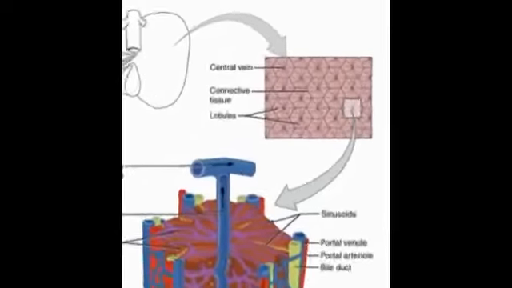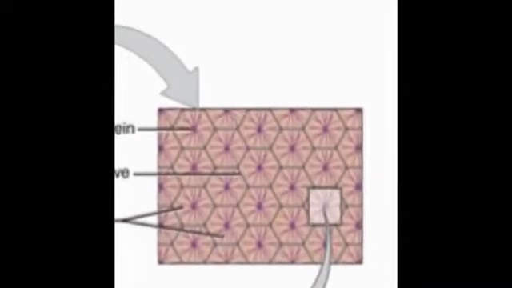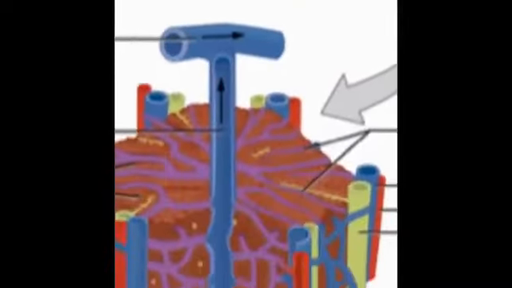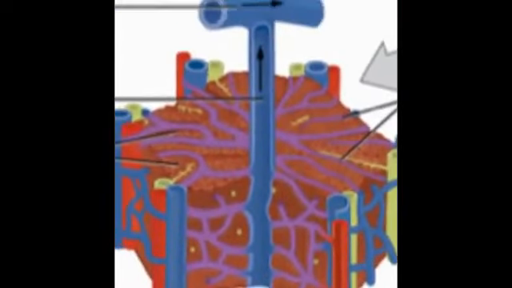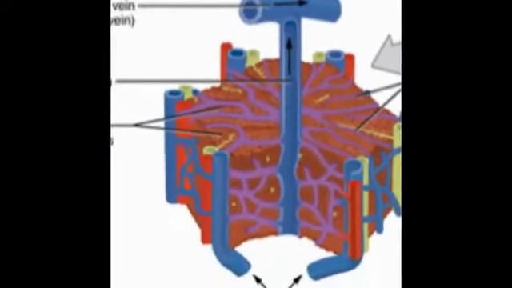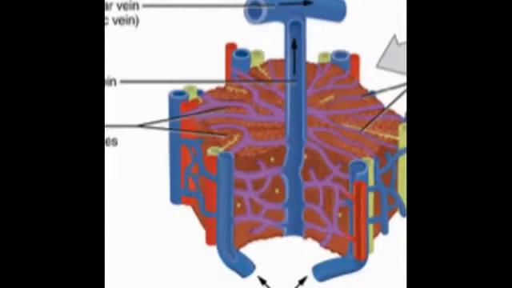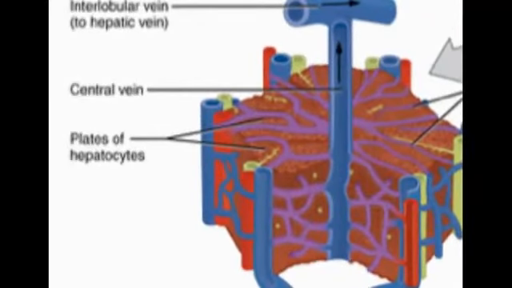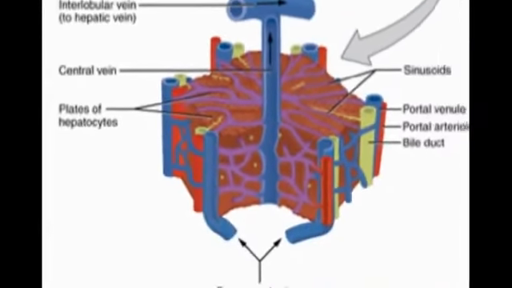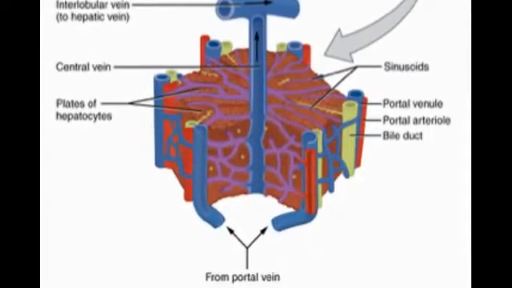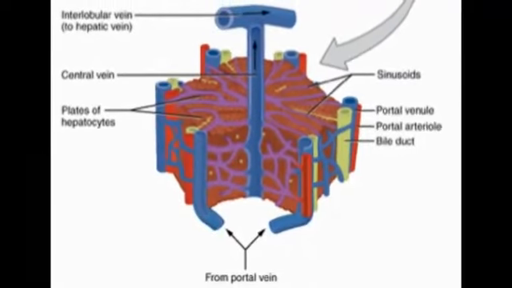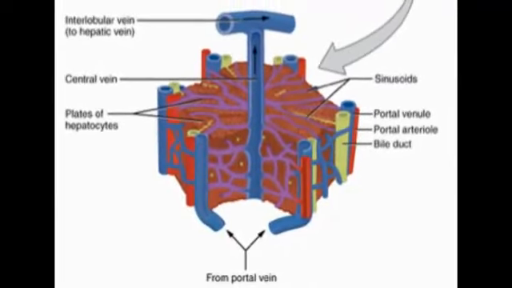In the middle of the lobula, we have the hepatic vein, and it's surrounded by the branches of the portal vein. As I told you, this is the flow of non-oxygenated blood, but full of nutrients.